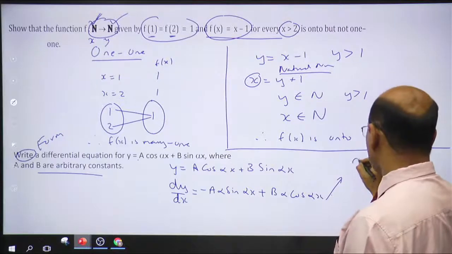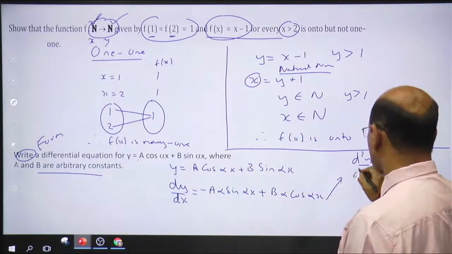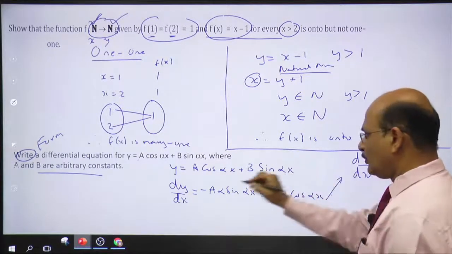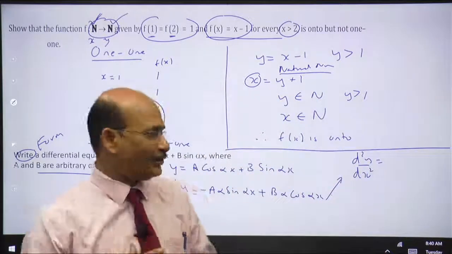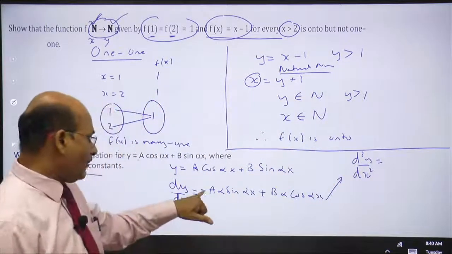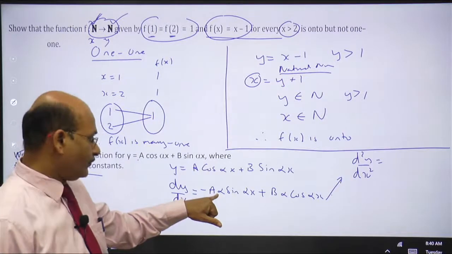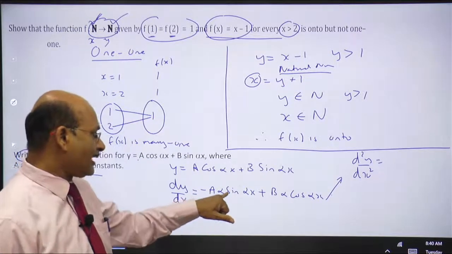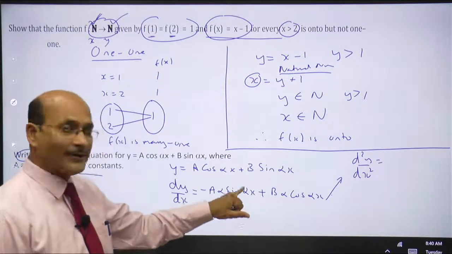So this will become d square y by dx square. Again you have to take the derivative of this. It's not difficult, you have to be very careful. Now look at this. Minus a alpha. The derivative of sin alpha x is cos alpha x into alpha.